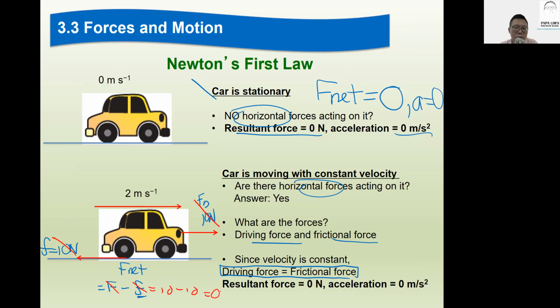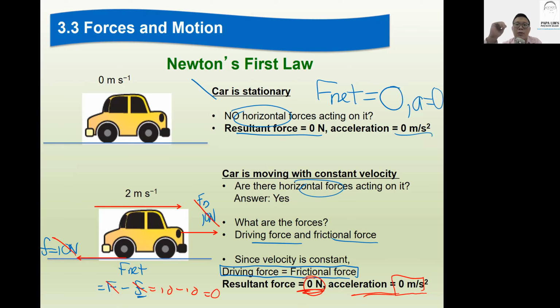The answer will be 0. So that's why I am able to deduce that the resultant force is 0. And as a result of 0 resultant force, I can also deduce that the acceleration of the object now is 0.